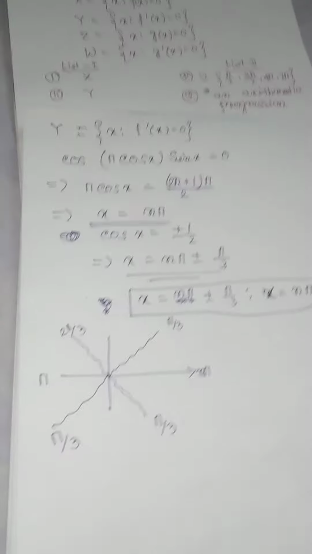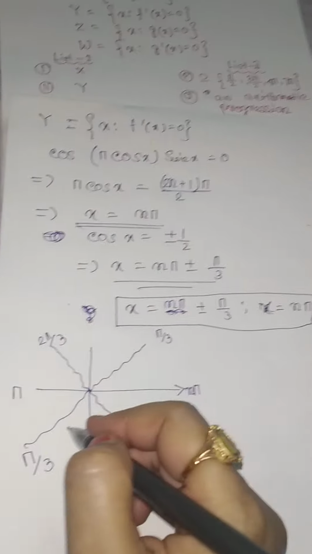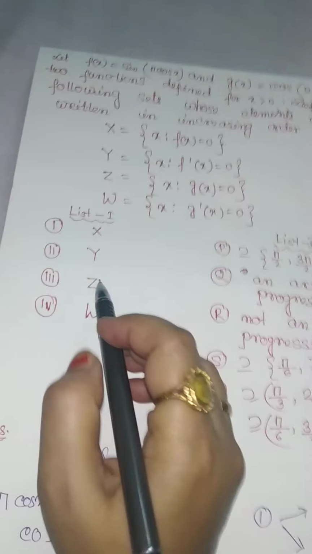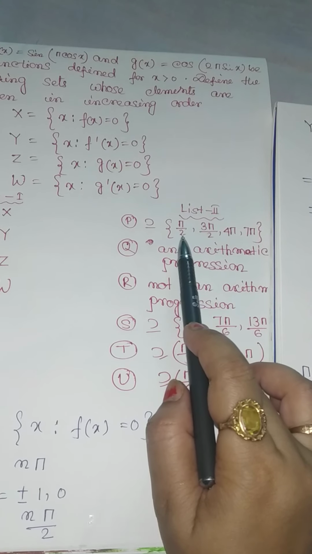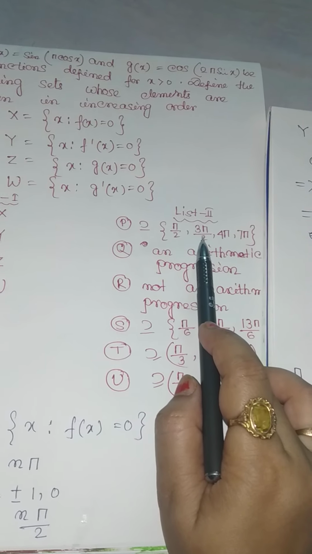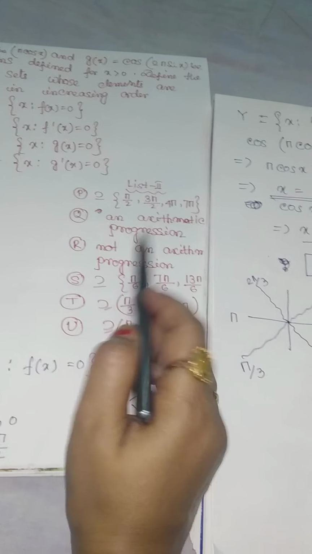Now getting to the problem, is Y a subset of {π/2, 3π/2, 4π, 7π}? No, it is not. Is it an arithmetic progression?